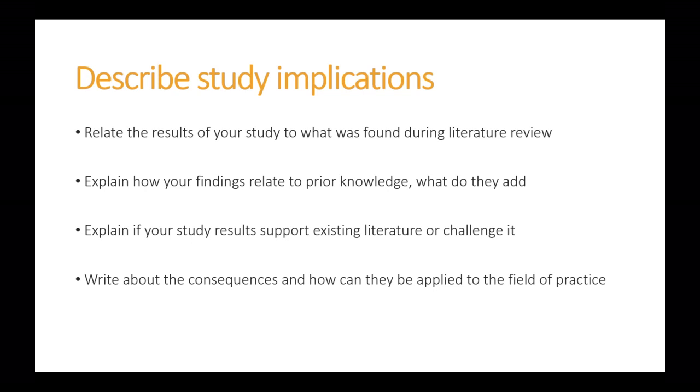Also explain if your study results support any existing literature or if you are challenging any existing literature. For example, if there have been studies for the past 20 years which have been saying that caregiving is extremely burdensome and it is not good for women.